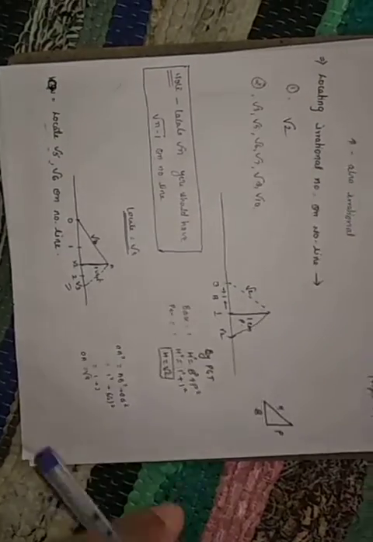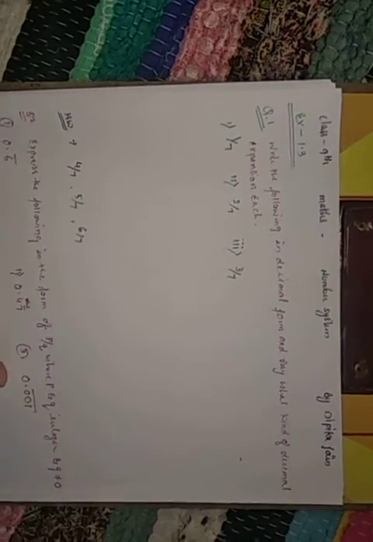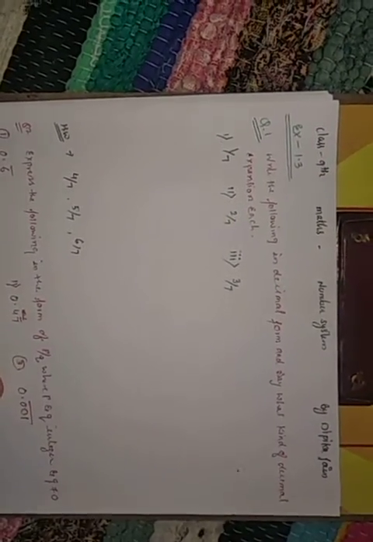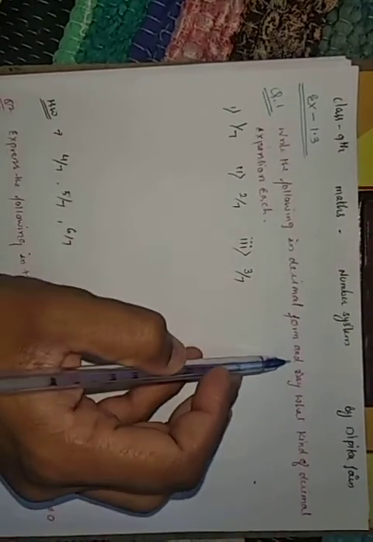Now come to the next topic, exercise 1.3. I am giving you these questions today as homework, and I will solve them tomorrow with the solution. Questions are: write the following in decimal form and say what kind of decimal expansion it is.